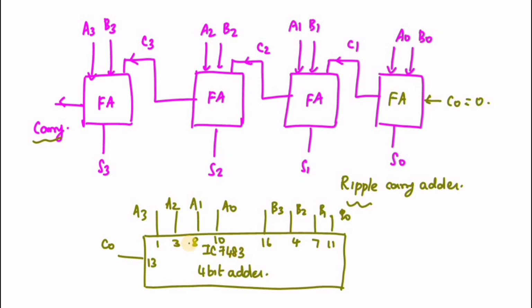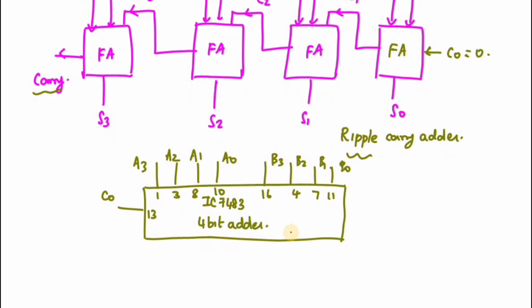If you add these, you will get 5 outputs. This is S3, and this is S2, S1, and S0, and this is the carry value. The pin numbers are 14, and this one is 9.